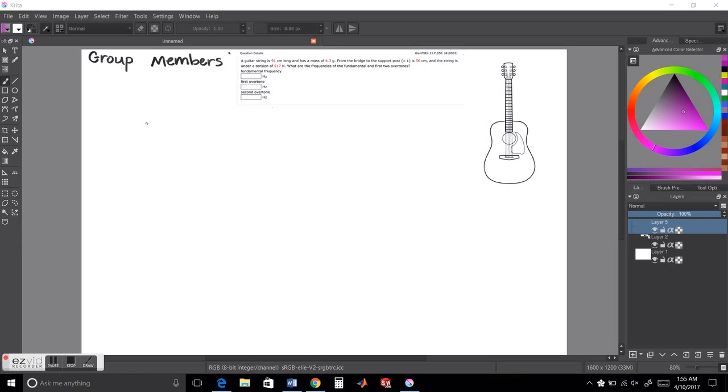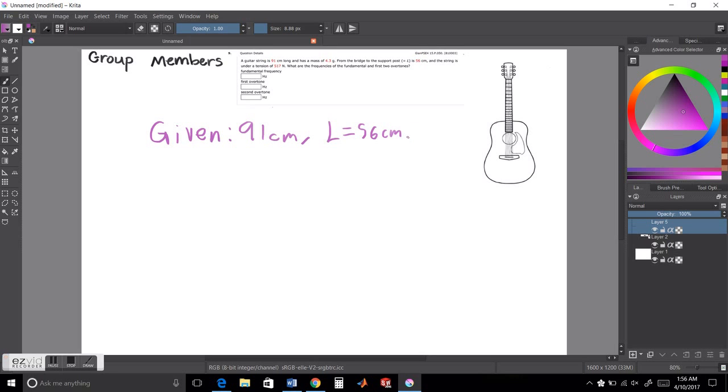Now I'm going to list our given information. Although the string is said to be 91 centimeters, the problem tells us that our L is 56 centimeters.